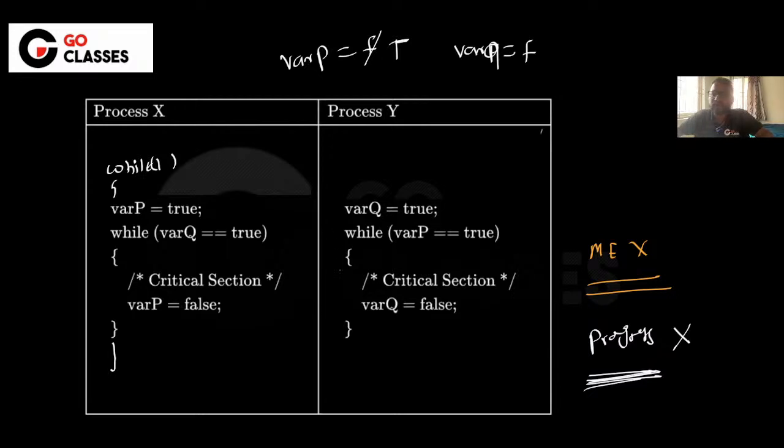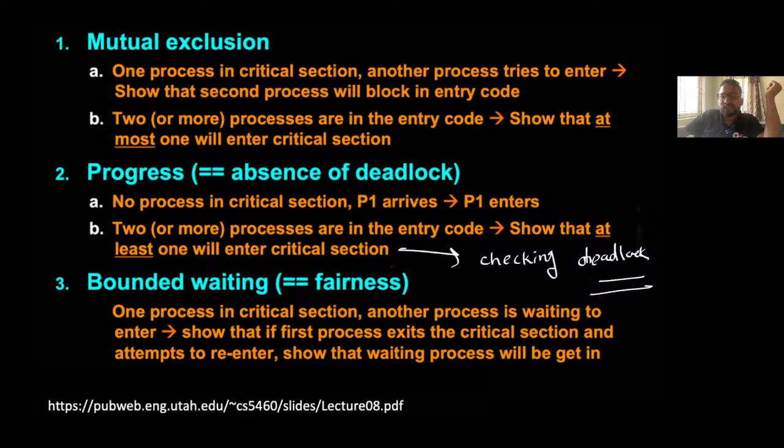For deadlock, you need to check if there could be the infinite loop. I mean, if everyone is waiting for every other one, which means if both processes want to enter, then they should be waiting for each other. Okay, so see here, the progress second condition is basically same as deadlock. The first condition is saying that no process in the critical section, if P1 arrives, then P1 should get to enter.